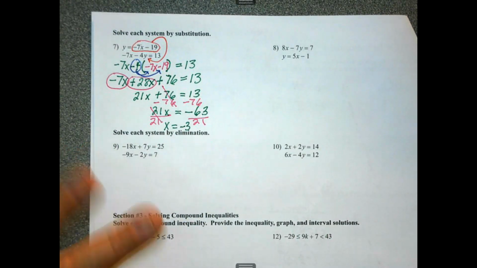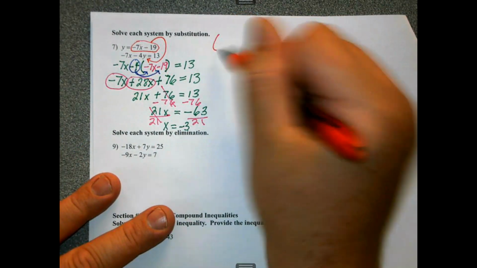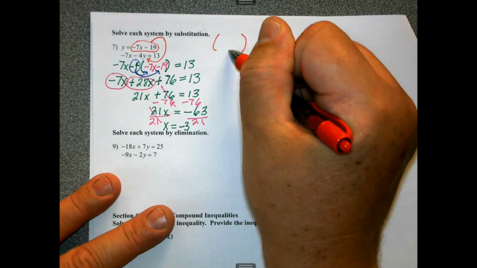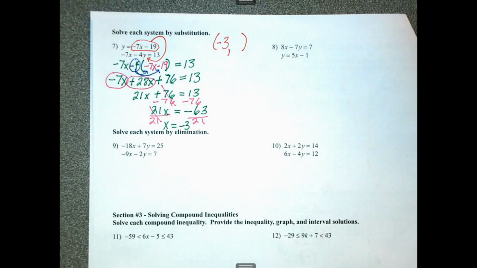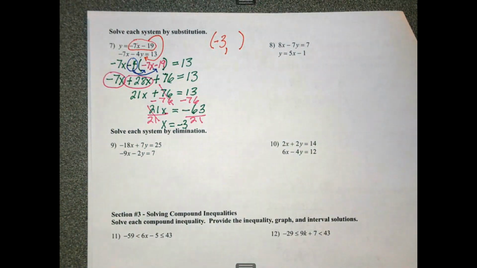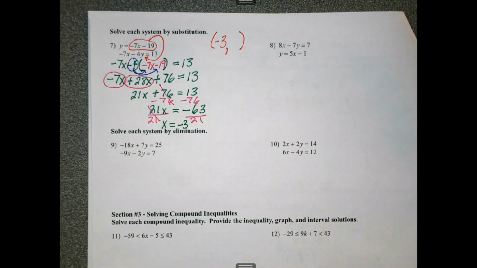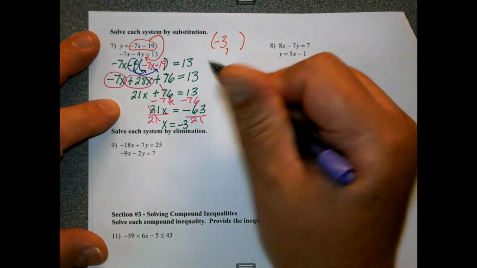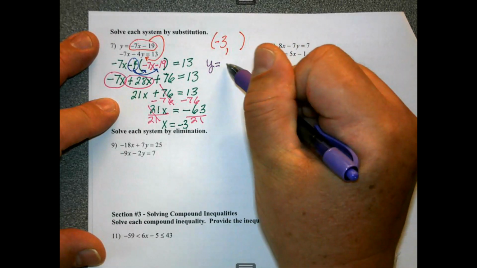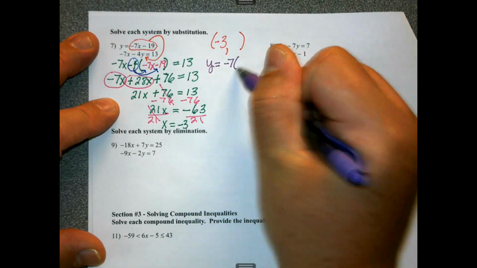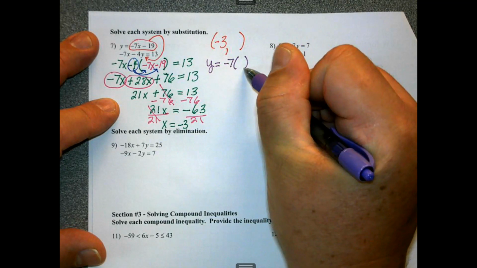So I know this is going to intersect at one point when the x is negative 3. So I have to go back and find y. I'm going to choose the top equation. Y equals negative 7, I have the value for x, I'm going to substitute in.